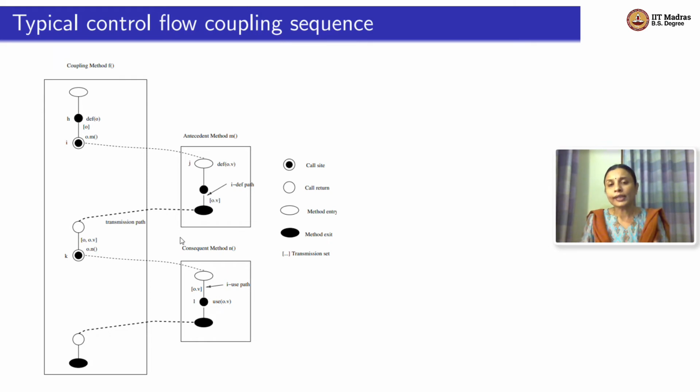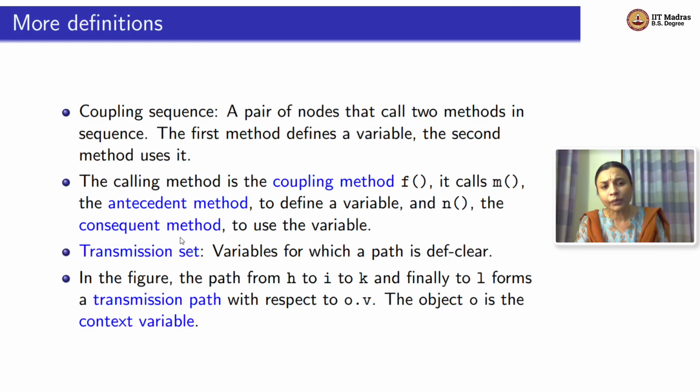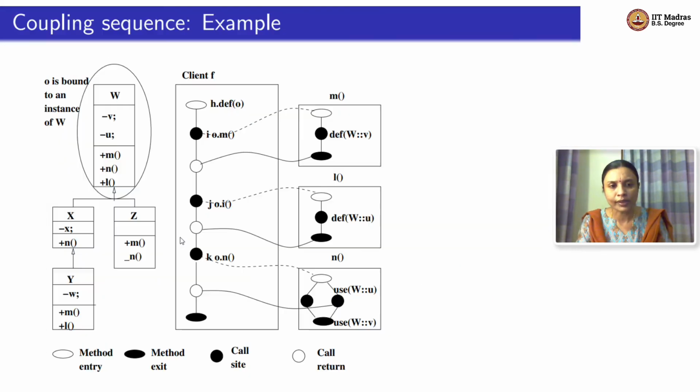And we do this separation because we want to be clear that there could be different variants of the method m that run. m could be polymorphic. There could be different variants of the method n that runs. n could be polymorphic. m could be merged with n, f, n could also be merged with f. So it's a very similar set of definitions as we saw earlier for call interfaces, but with slightly different terminologies because we want to include the satisfying set or the polymorphic set.